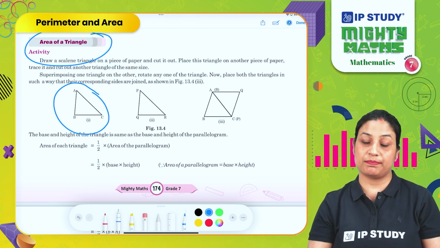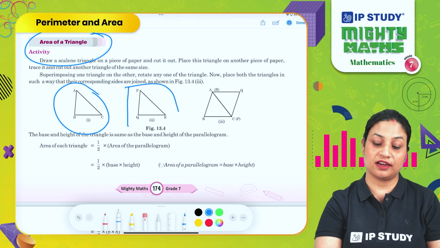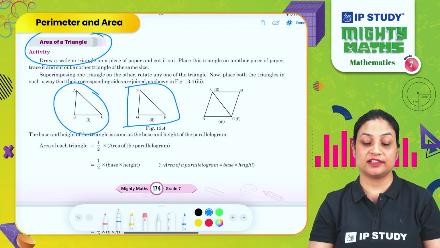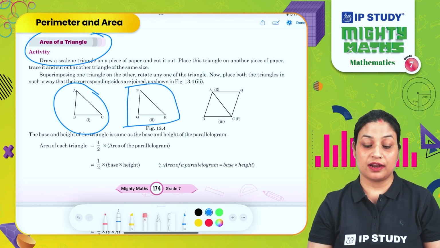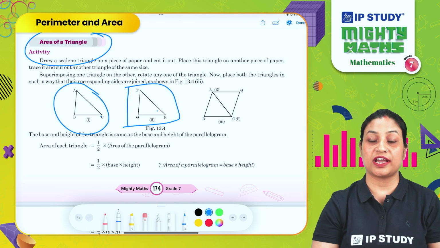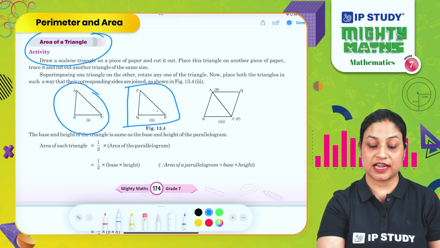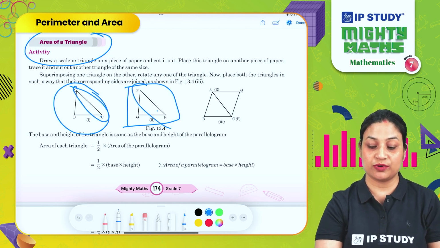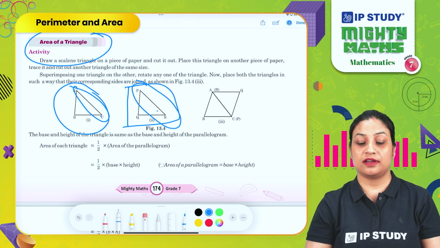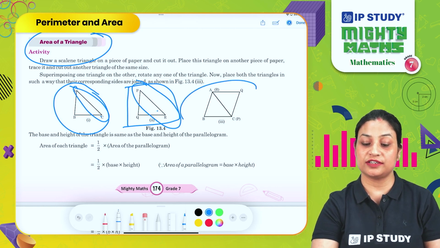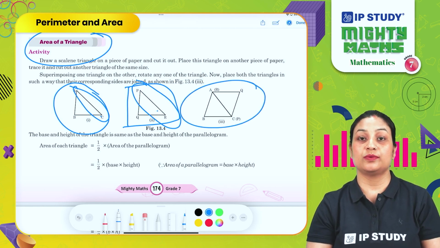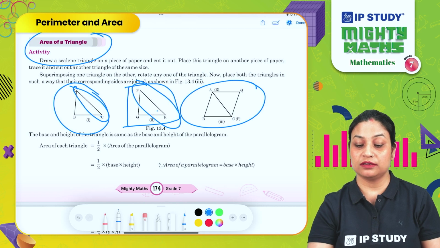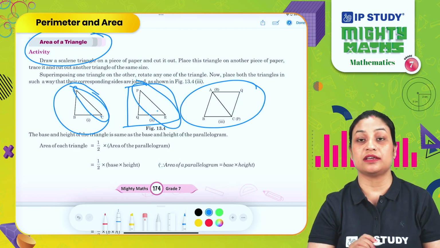Now take a tracing paper, trace this triangle and make another triangle, that is PQR. Now join these two triangles in such a way that the side AC and PQ overlap. When it happens, what you will get? You will get a parallelogram over here, that is AQCB, right?